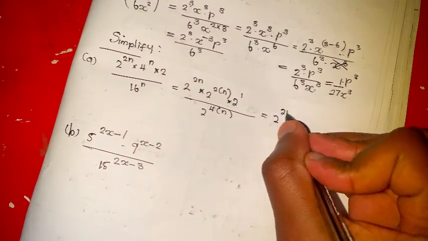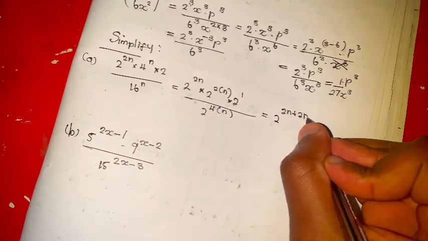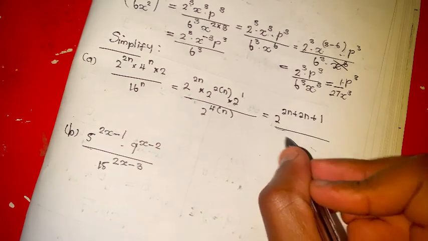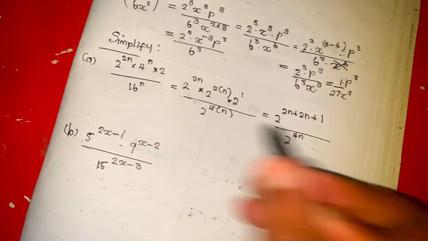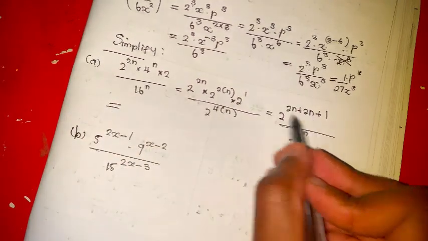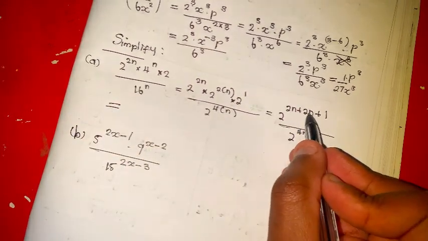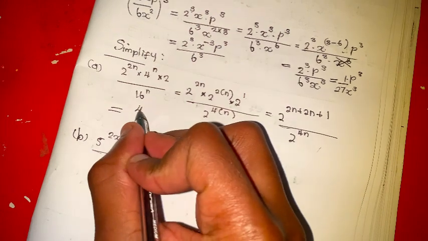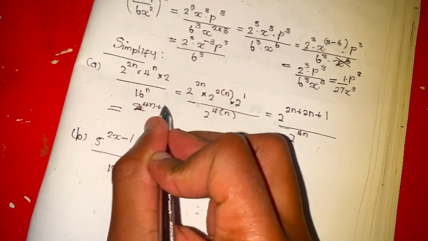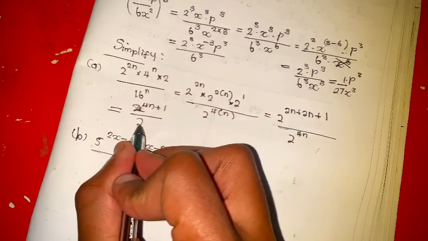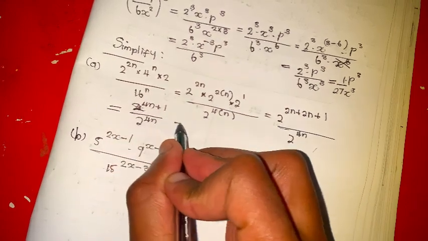So 2 to the n plus 2n plus 1 all over 2 to the power 4n. Simplifying this further, it will be 4n plus 1. So you have 2 raised to 4n plus 1 all over 2 raised to 4n.